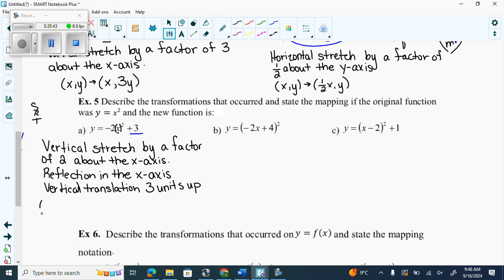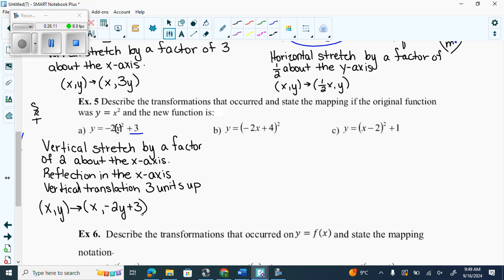So my mapping is (x, y) becomes (x, ...). I know nothing happened to my x because nothing is happening to it in my bracket. Remember, stretches and reflections multiply. Translations add or subtract. So I used 2, so I'm going to get negative 2y plus 3.